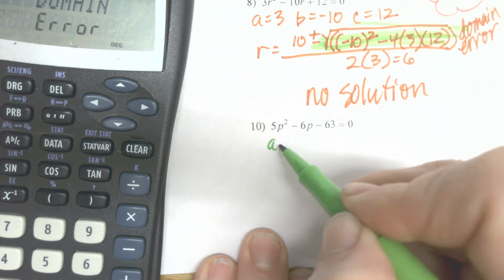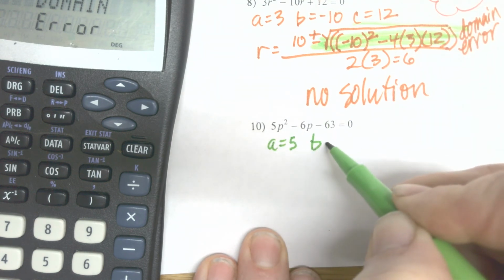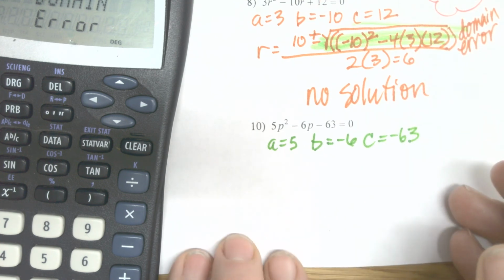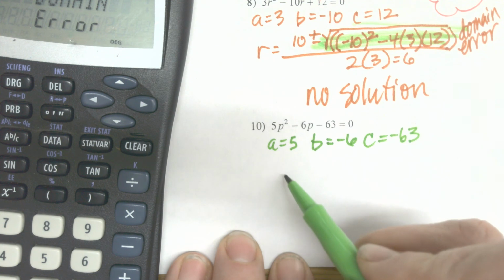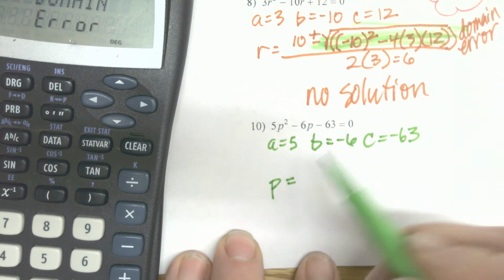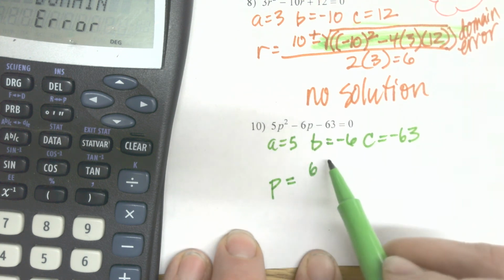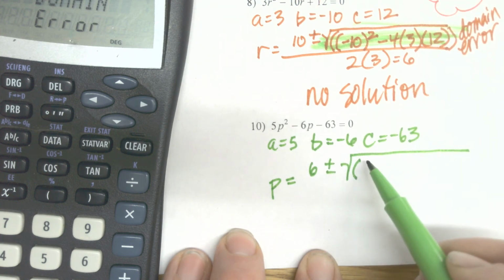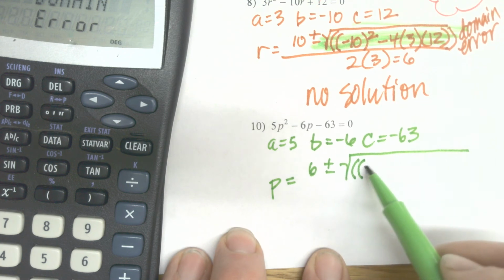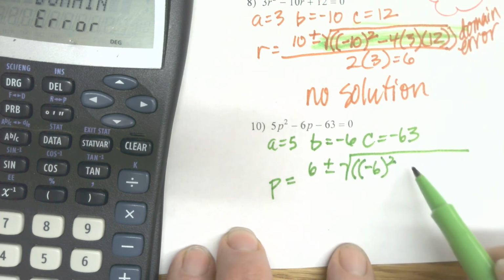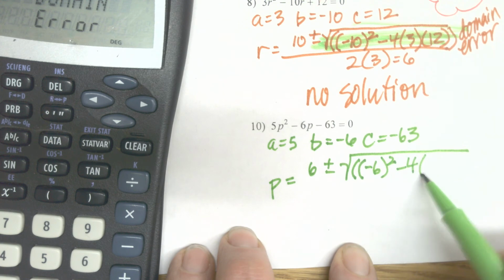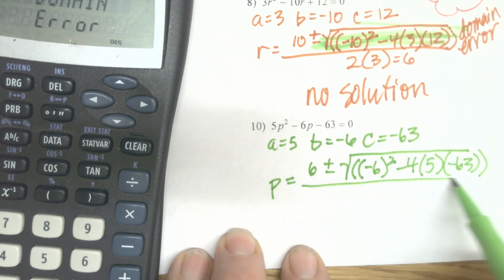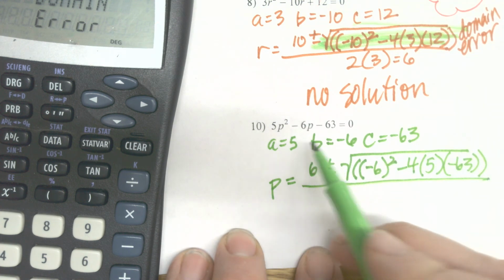So A is 5, B is negative 6, C is negative 63, and P equals the opposite of B plus or minus the square root of, first parenthesis will come on the calculator, you enter the next one, negative 6, end parenthesis squared, minus 4 times 5 times negative 63, all over 2 times 5.